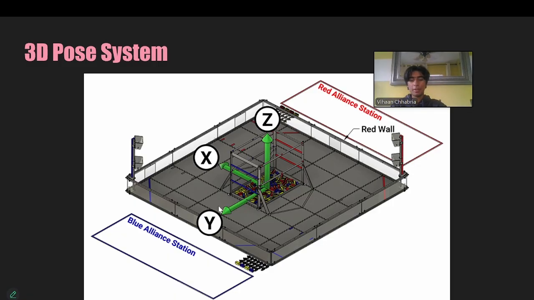But on the FTC field, once you look at it from the top, it pretty much is an x and y graph, right? We have the x and y on the flat, and then z, which is 3D, is the height.